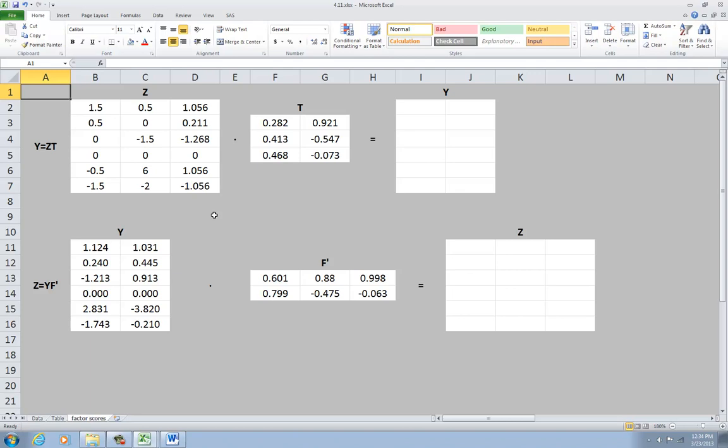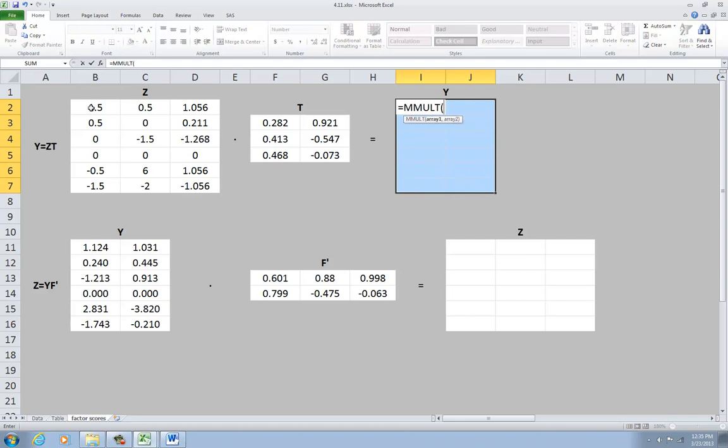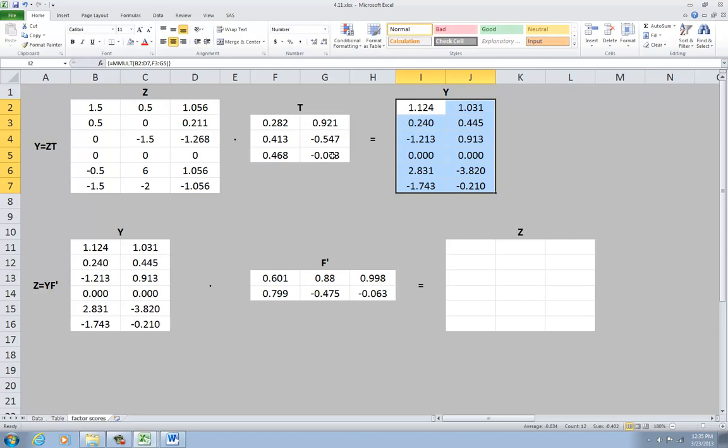T is just a transformation matrix. So when we multiply these together, we get those values. Now the factor scores in this case reproduce the information in the original data set completely, since the two factors in this case account for all the variance.